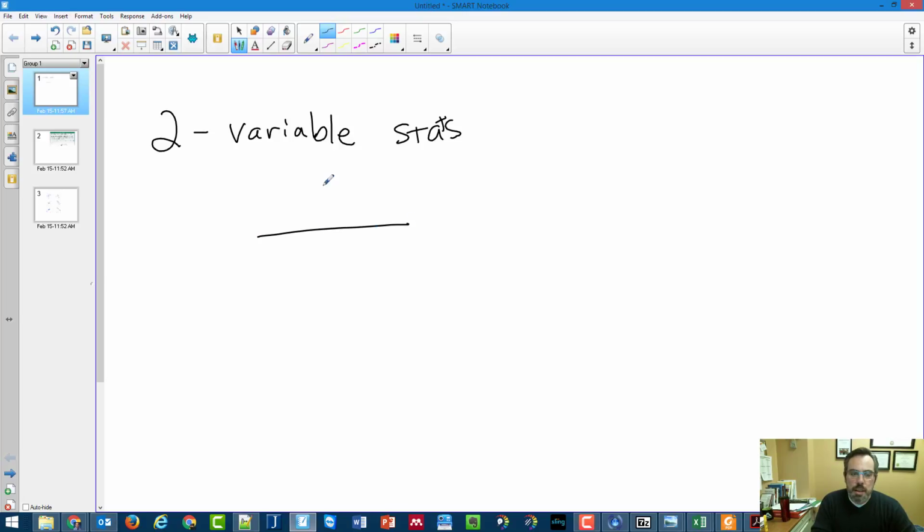Really what that means in the basic sense of things is we've got two variables. I'm going to call them x and y. Let's say that x is hours of studying and y is your grade. Some people might suggest that the more you study, the higher your grade is going to be. So we might have things like 0, 1, 2, and 3.